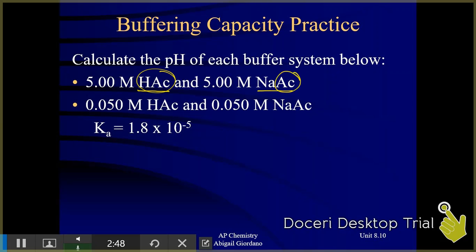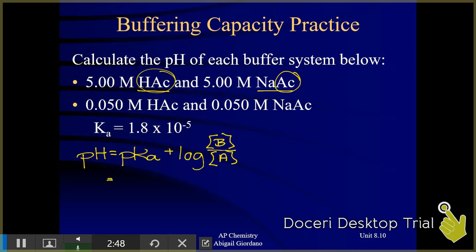So how do we find the pH of a buffer system? Well, we use the Henderson-Hasselbalch equation, pH equals pKa plus log of, I always just write base over acid. In this case, we're talking about the conjugate base over the acid.